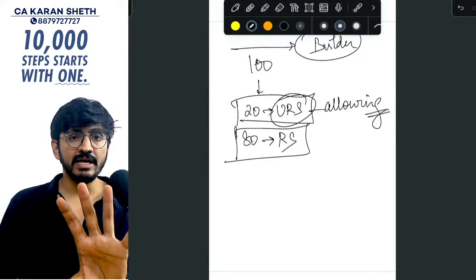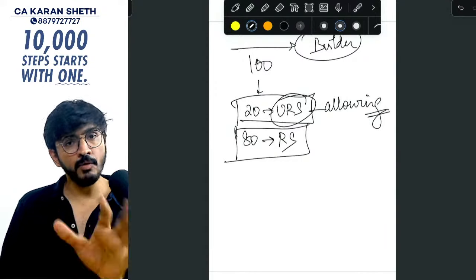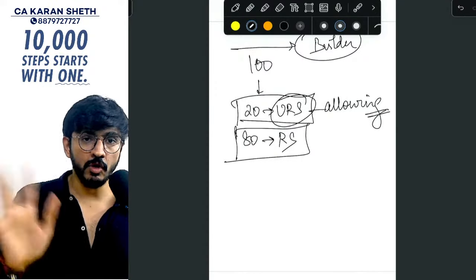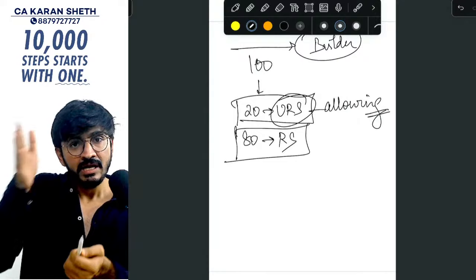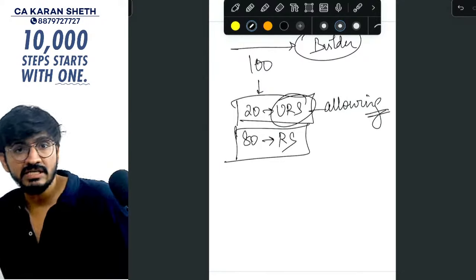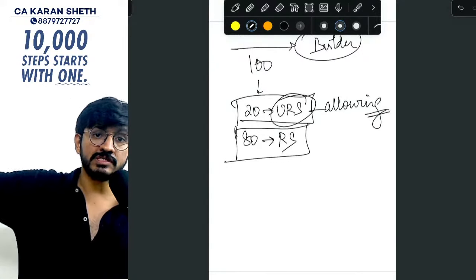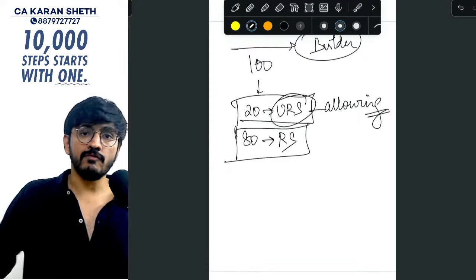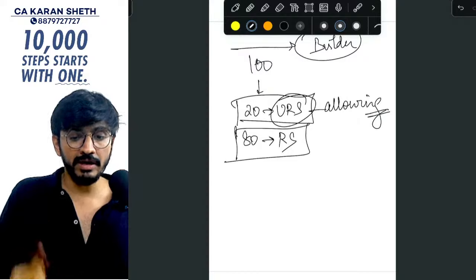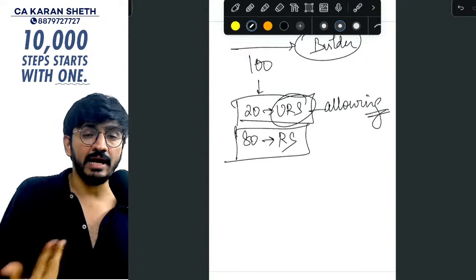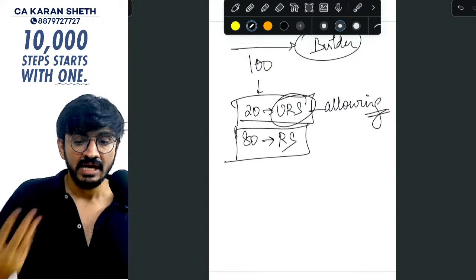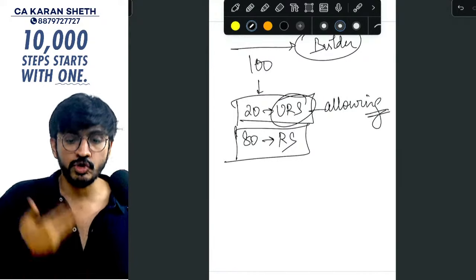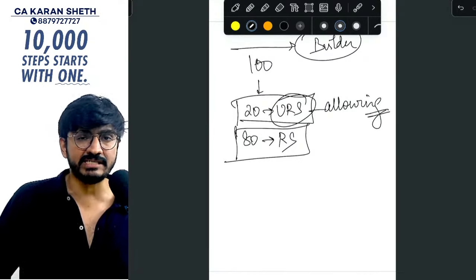In that 20, I'm okay. If you are saving your cost, because obviously in that 20 rupees, the supplier is unregistered, he won't charge GST. For the recipient, there is no question of availing or not availing ITC because there is no outflow of input tax. Are you all with me?